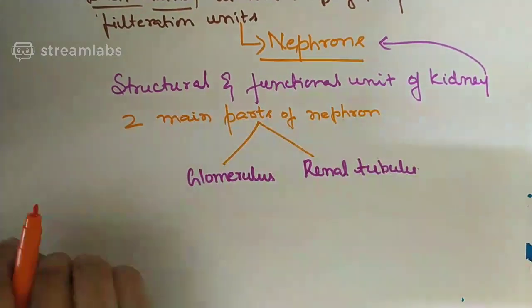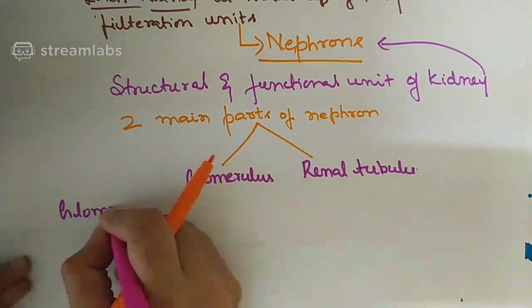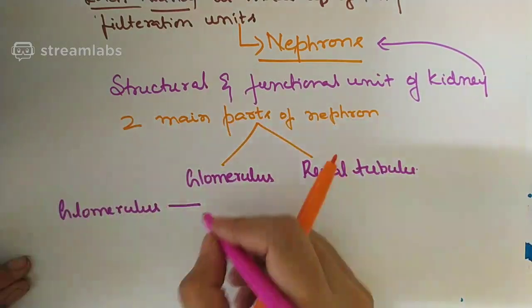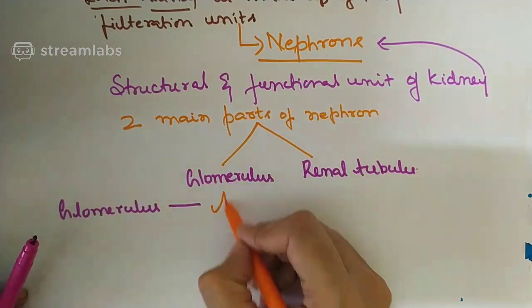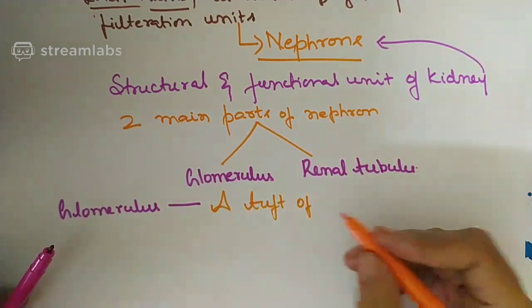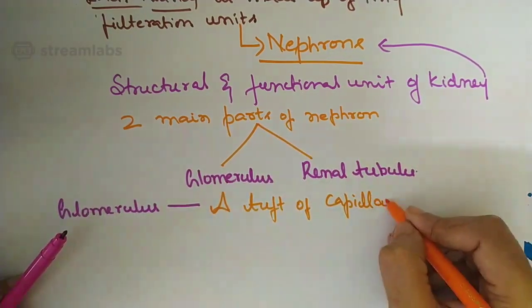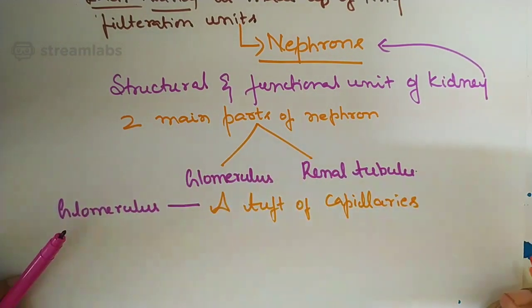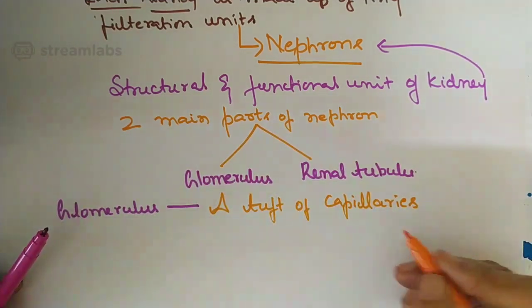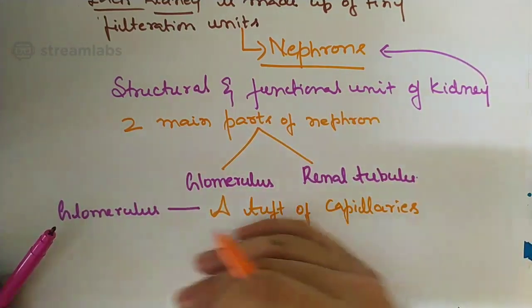Now, what is this glomerulus? Glomerulus is a tuft of capillaries. So here it is going to receive the blood.